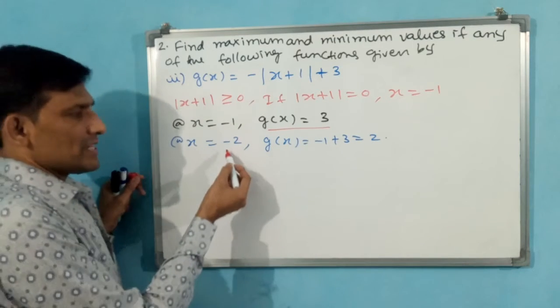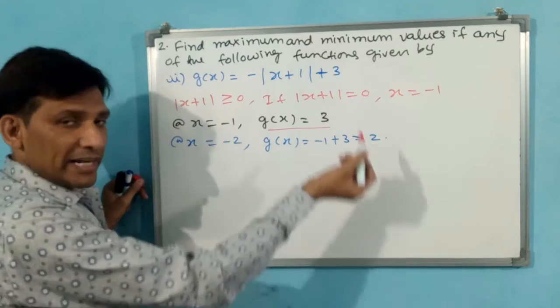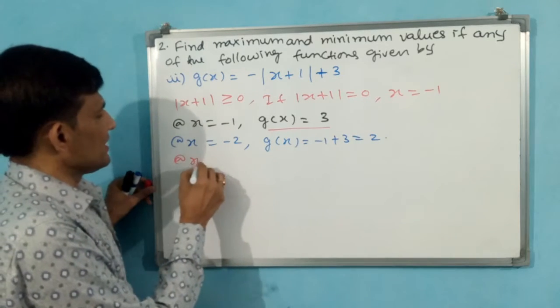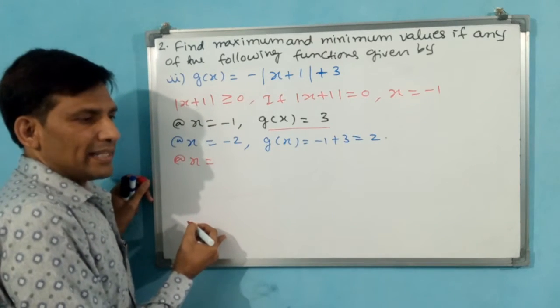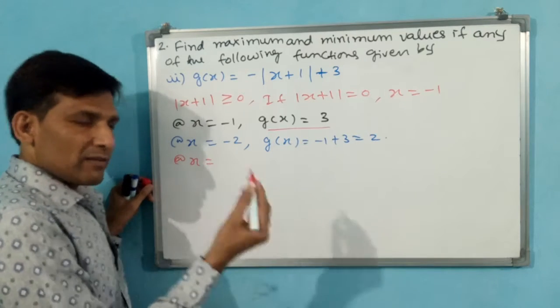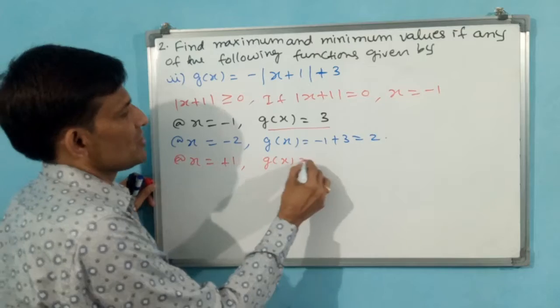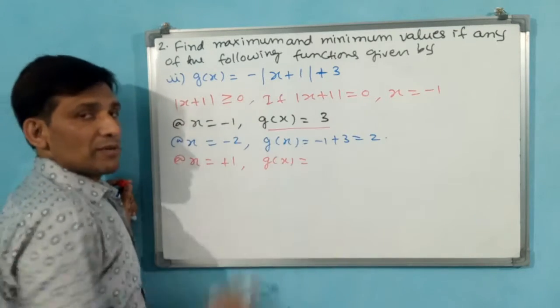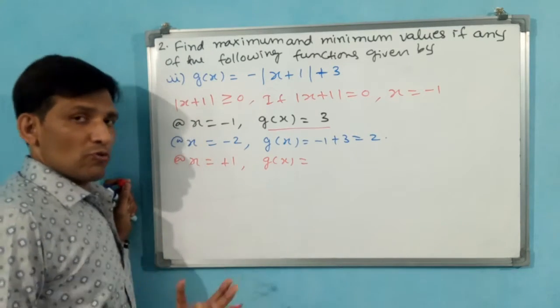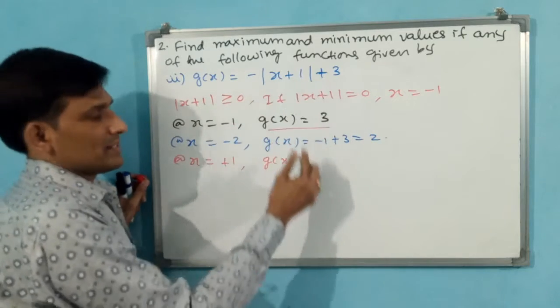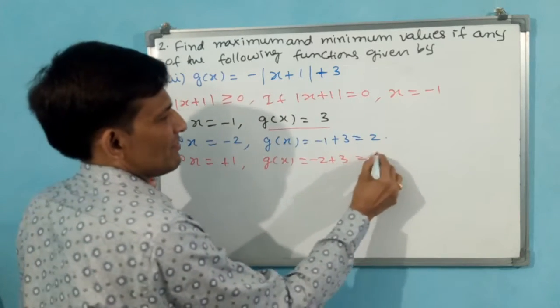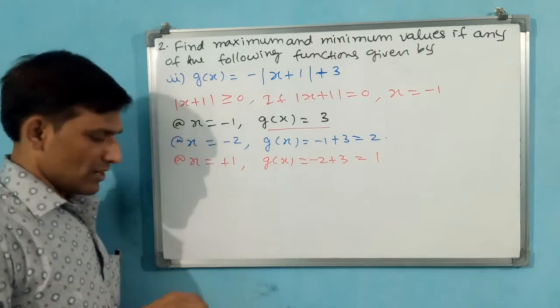You have taken less than minus 1, but greater than minus 1 also you have to take. Take x greater than minus 1, 0 also you can take, but I will take 1. Then g of x is 1 plus 1, 2, modulus 2, 2, minus 2 plus 3, equal to 1. Okay, now you draw the graph.